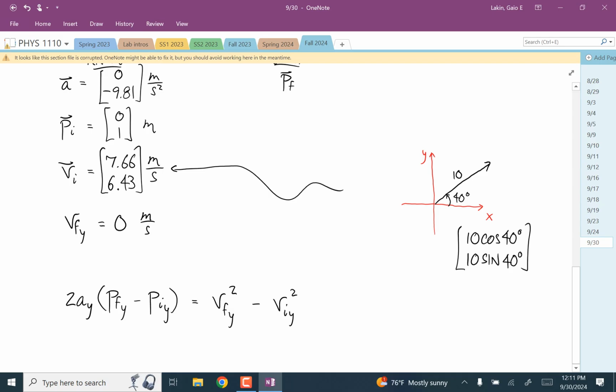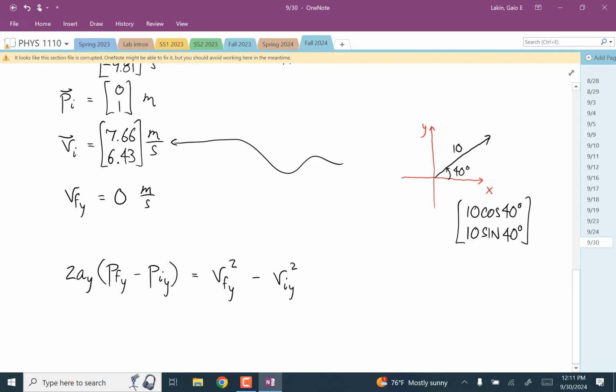And you can check to make sure this works. It has Pfy in it, and then go through all the rest of the variables in it, and they have to be known. Ay we know, Piy we know, Vfy we know, Viy we know. So we can do this equation.